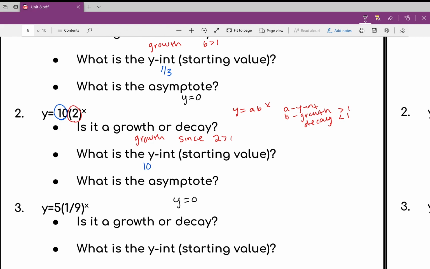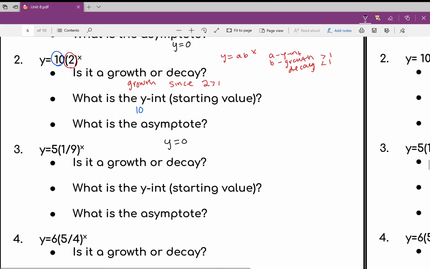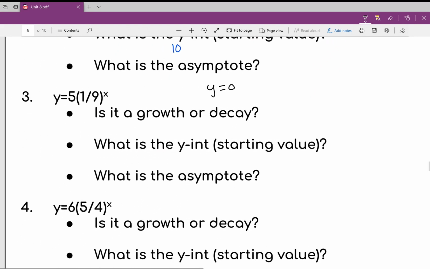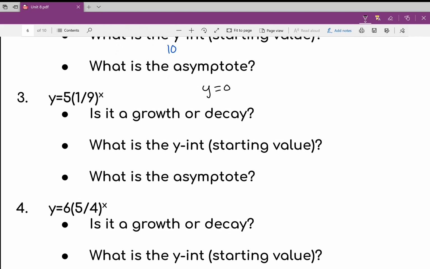Okay, let's look at number 3. You should have it down by now, what a represents and what b represents. The question says, is it a growth or decay? Remember that b represents growth or decay. Right here, this is the b value.